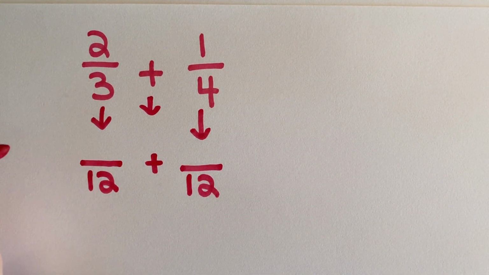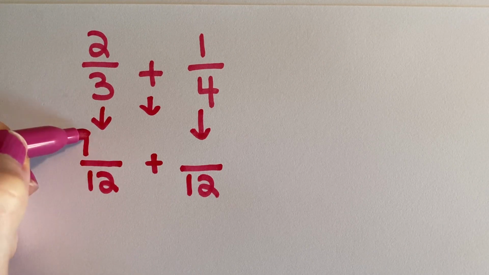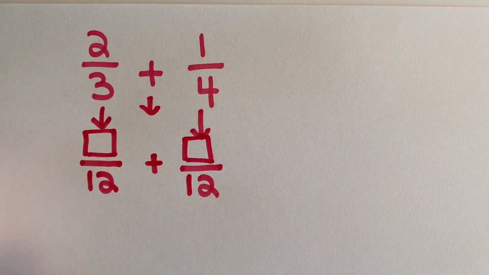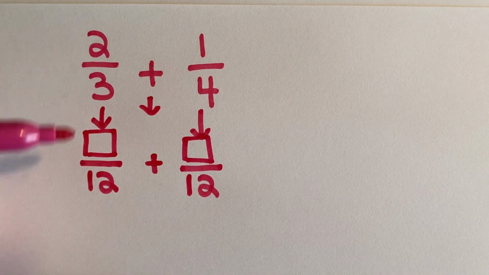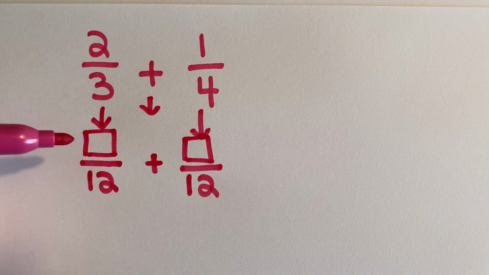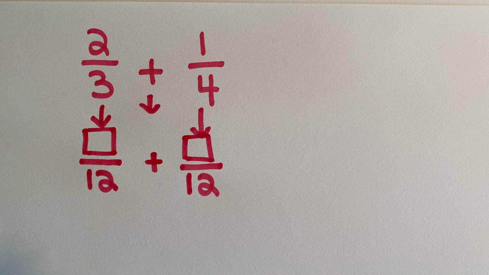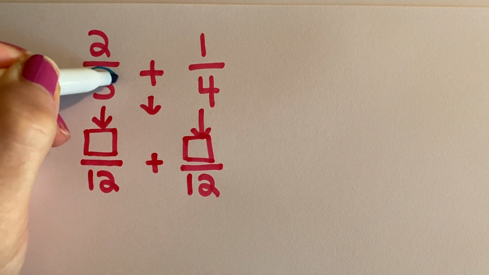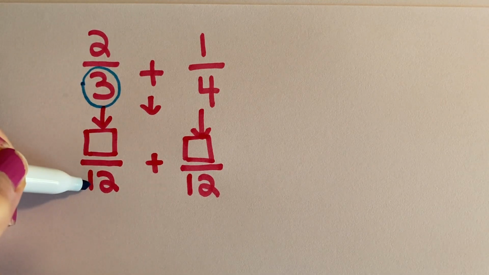Now what I'm really looking for is the new numerator. When you make equivalent fractions and you change the denominator, you also have to change the numerator. And we want to think about multiplying. So we're going to ask ourselves this question. How do we grow a 3 to a 12?